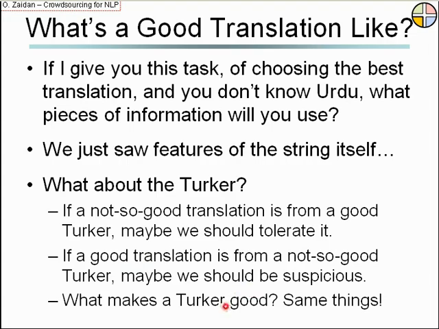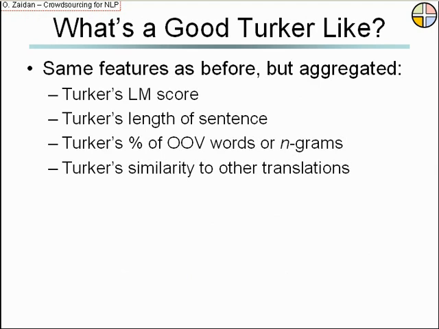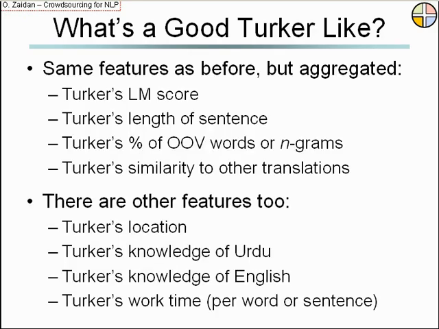Now, what makes the Turker good or bad? The same things that we were just discussing, but aggregated over all of that Turker's submissions. So we look at features like the Turker's language model score over all of that Turker's translations, and the same thing for all the other sentence features, just aggregated at the Turker level. There are other properties of the Turker that we can look at, such as their location, their knowledge of the two languages, and how much time they spent on the translation.